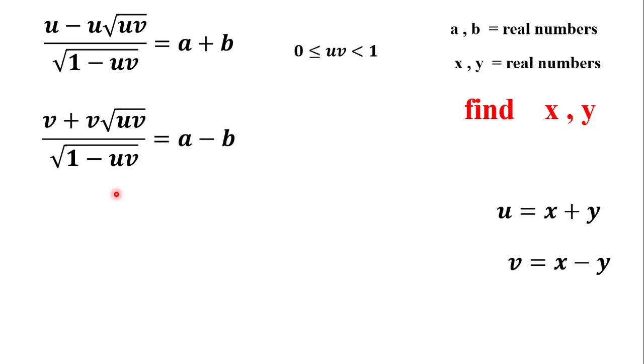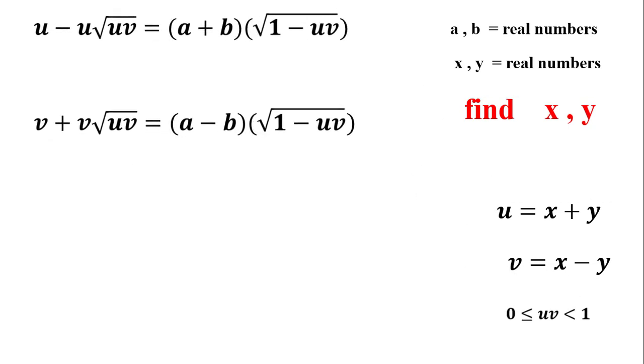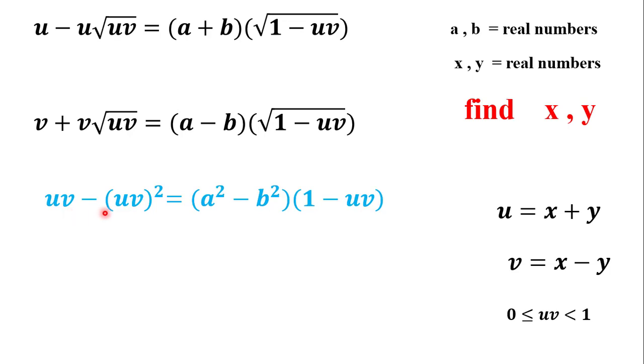Now we can cross multiply and multiply these two equations. So we get (uv minus uv) all to the power 2 equals (a squared minus b squared) times (1 minus uv).